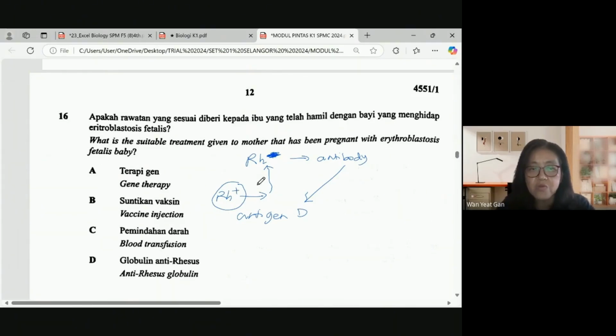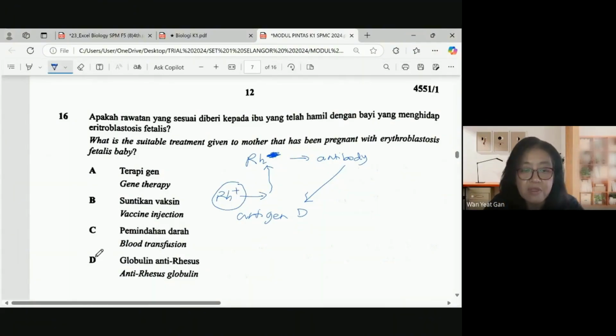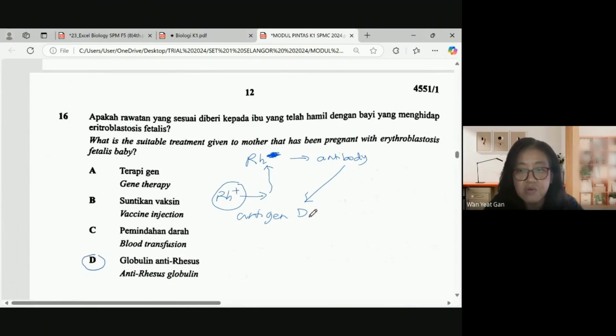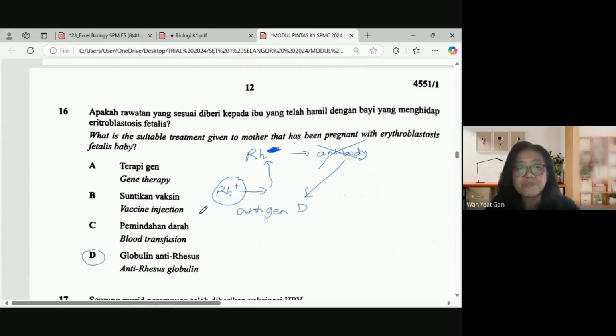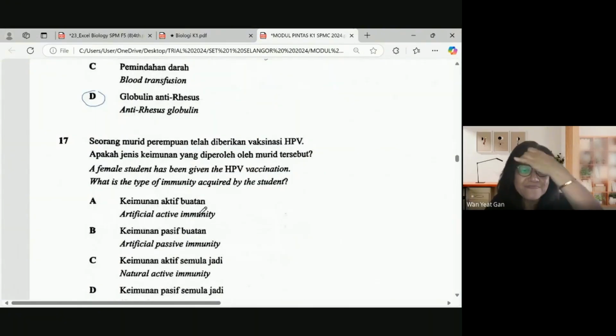So in order to stop this from happening, the best treatment is to give anti-rhesus globulin, which is an anti to the antibody, so that the antibody can be destroyed and will not diffuse across the placenta to destroy the baby's red blood cells. Okay, so 16 is D.